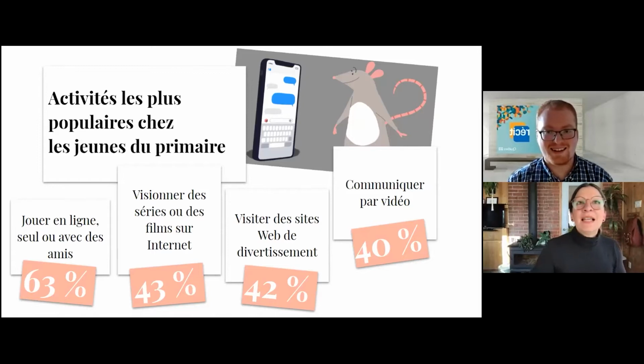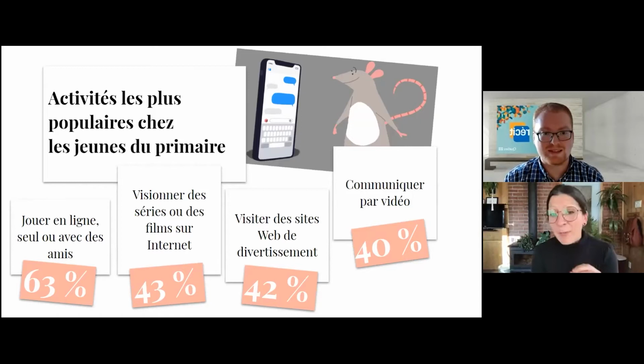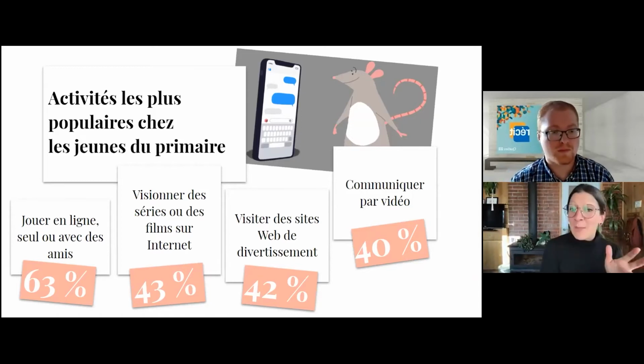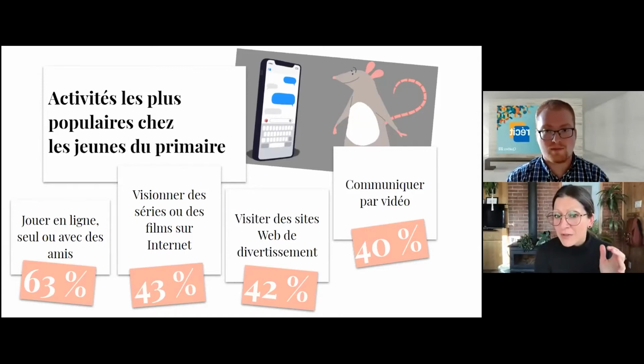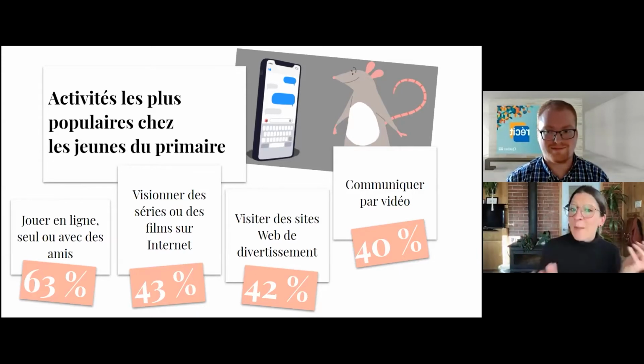So in elementary school, the most popular activity among children is to play online alone or with friends. That's interesting because in the past when we played on these devices, we played alone. Now with online games, children say it's a lot of fun being with you in your home, but it's much more fun playing each in our homes online together.